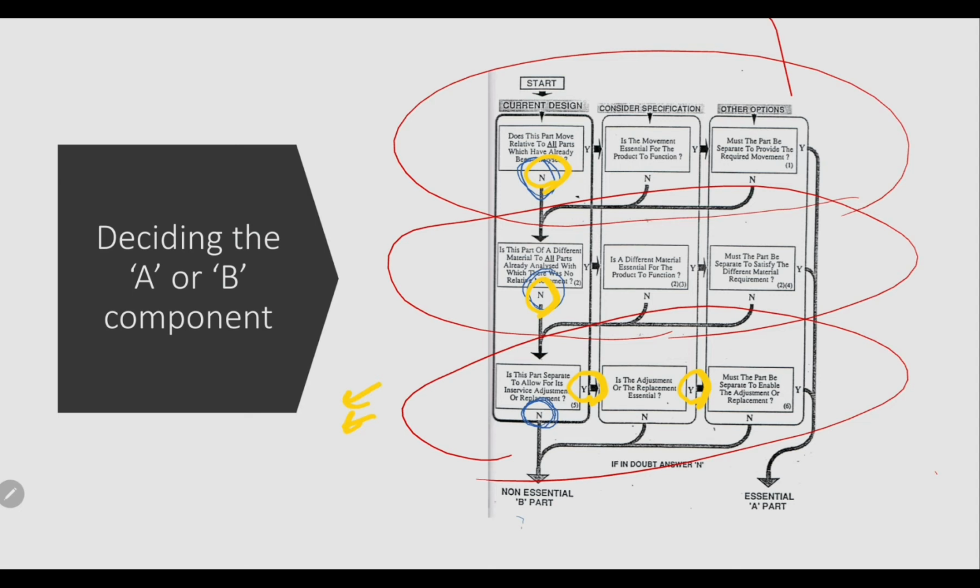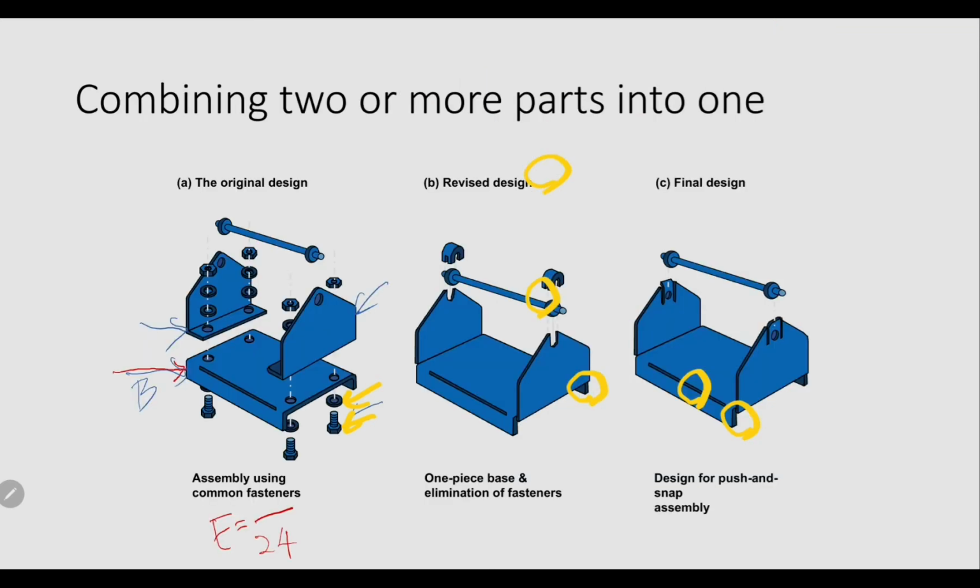Must the part be separate to enable the process of replacement or repair or adjustment? Not necessary, probably. So the bolts also fall into B. Okay, so we do this. Let's take another example.